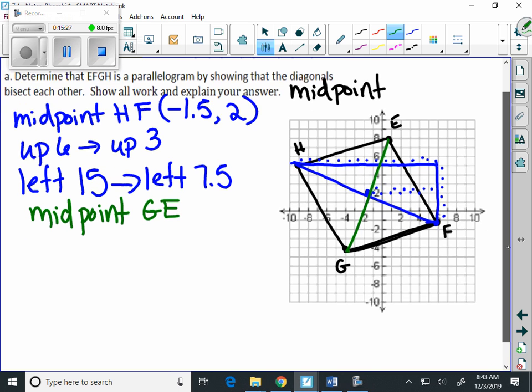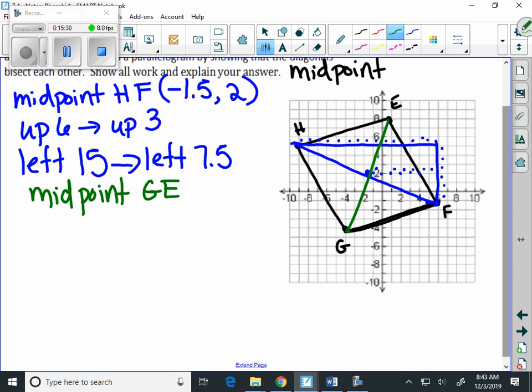When we look at the midpoint of GE, once again, we'll draw our picture. And what we did, and I should have gone the other direction here, but since I did, I went right 1, 2, 3, 4, 5. We went right 5. And then we went up 1, 2, 3, 4, 5, 6, 7, 8, 9, 10, 11, 12.